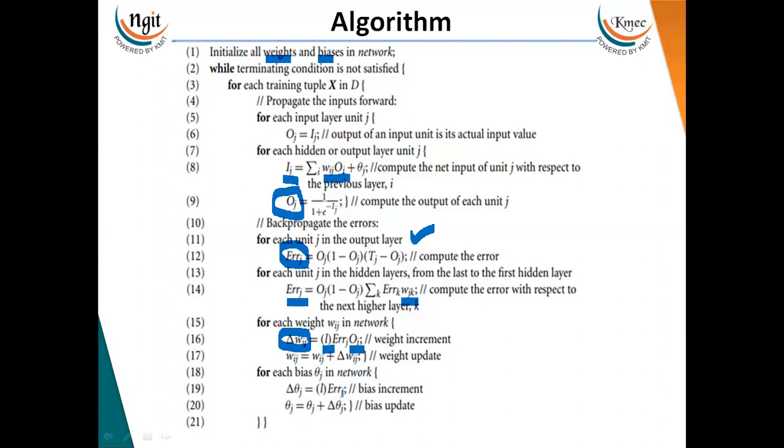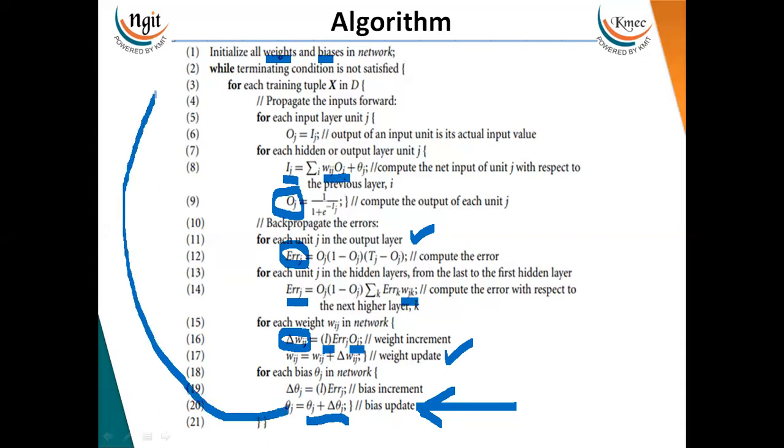Then how to update the bias? The learning rate will simply be multiplied with the error. Then that will be the bias increment. So based on that small value, again increment your bias. Now, due to this weight update and bias update, what has happened? You have got new values for your weights and bias. Now, again using these new values, repeat the process from the start and calculate the error.